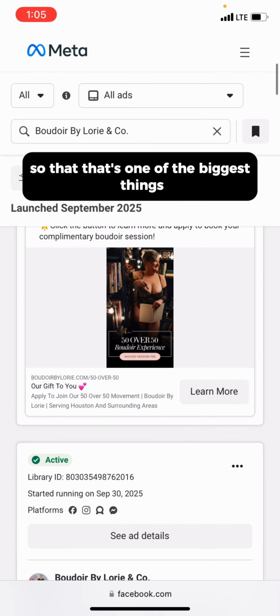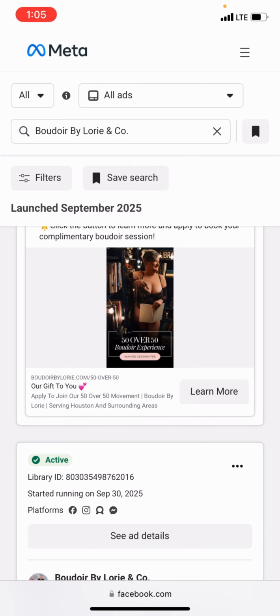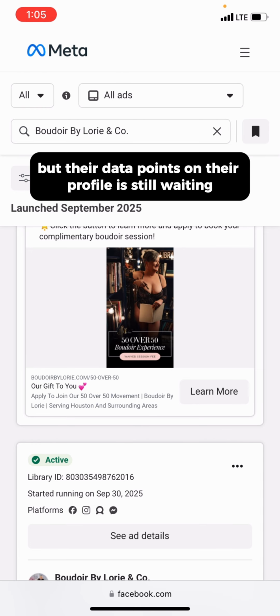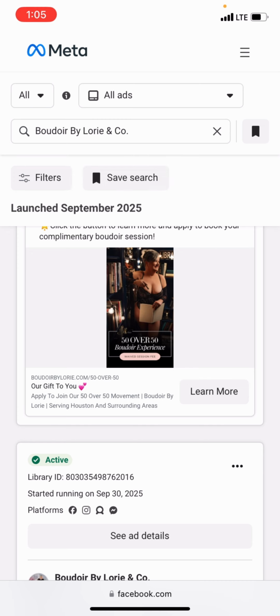So that's one of the biggest things. It's that massive pool two that gets people to click in, but they didn't convert, and their data points on the profile are still weighting the Meta ad algorithm.